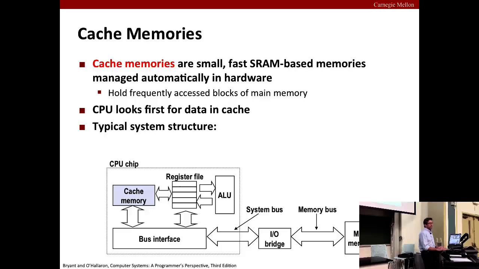Okay, so hopefully, because of the principle of locality, most of our requests for data will actually be served out of this cache memory in a few cycles, rather than from this slow main memory.